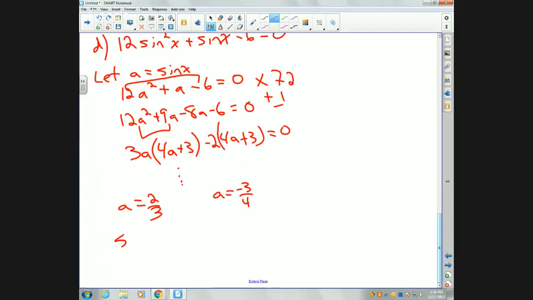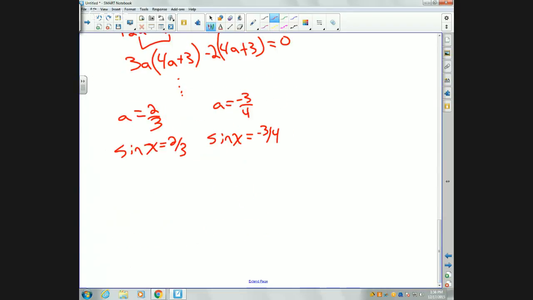So that means that sine x is equal to 2/3 and sine x is equal to negative 3/4. And then you can use the CAS rule to figure out what the values are. Again, these values don't appear as special triangle values, so you would get 4 different answers, all as decimal approximations. Any questions on that?